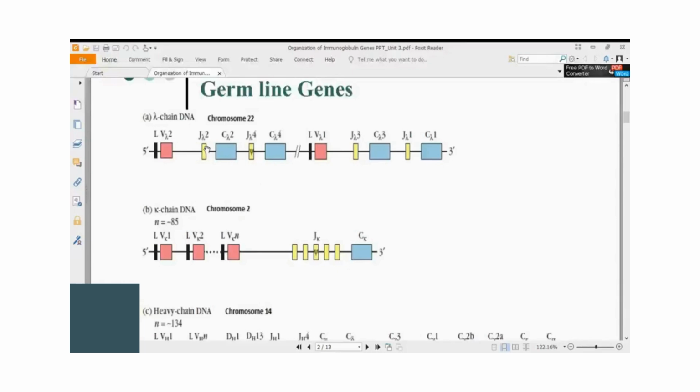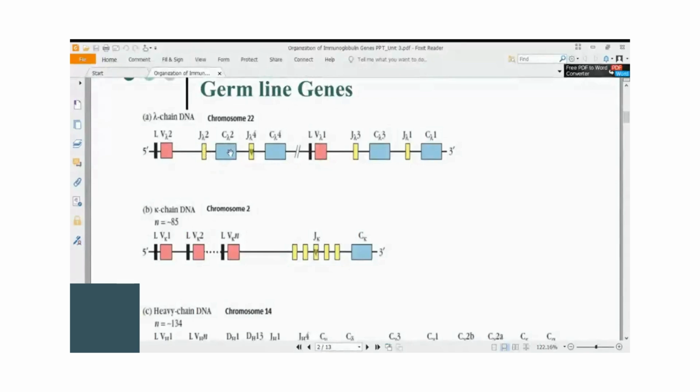If there are 6 constant region genes for the lambda chain, there are 6 J segments. Each constant region is accompanied by 6 J segments, and those 6 J segments are accordingly named after the constant region.